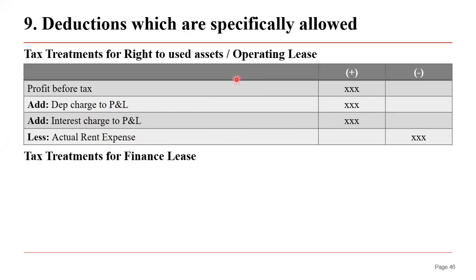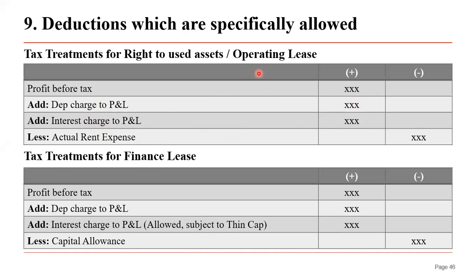This is the tax treatment for operating lease under the new act and SLFRS 16. Then the tax treatment for finance lease. Finance lease also, with effect from 1st April 2018 onward, we can capitalize and can claim capital allowances.